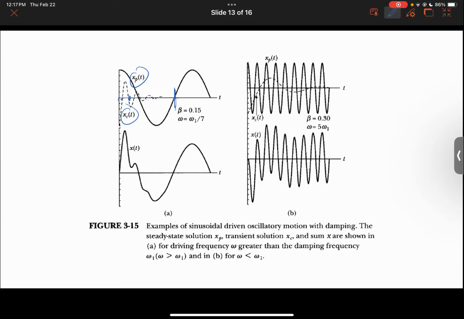So this is the transient, which decreases over time. But then you have a driving force that is slower, because its frequency is just 1/7.